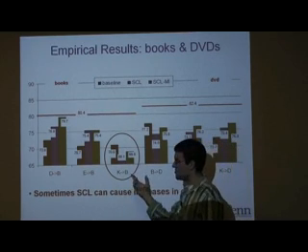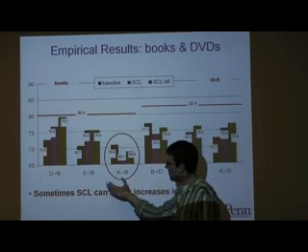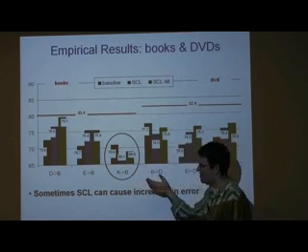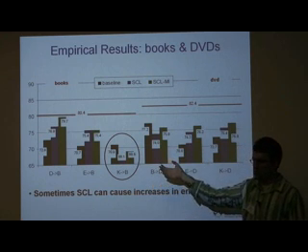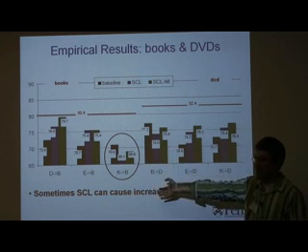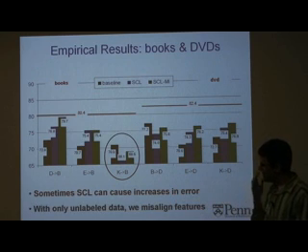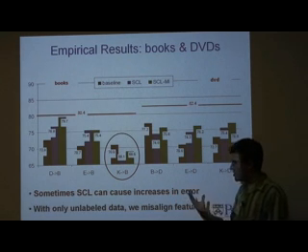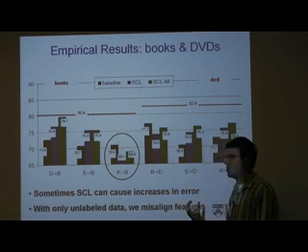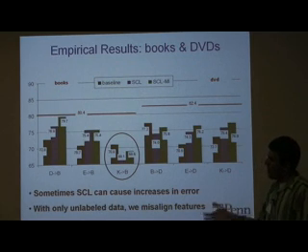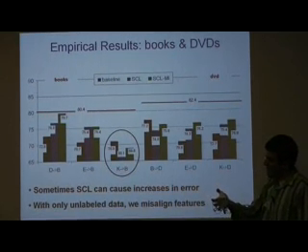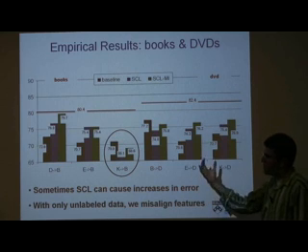Somehow we actually did worse using SCL than not using the unlabeled data at all. Right? So what happened is basically we somehow managed to misalign features from the 2 domains. You're learning a representation from unlabeled data.